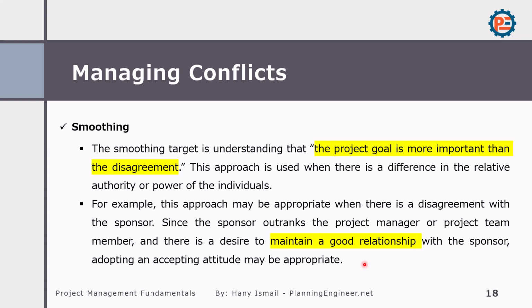We are not giving gold plating, we are not giving something free of charge. Maybe he insists on having the tiles installed in this way and you think they should be installed in another way. Okay, if it is not going to harm your company, you can smoothly accept this conflict.